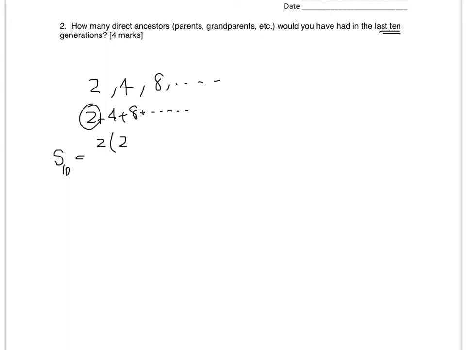So it's 2 times 2 exponent 10 minus 1, divided by 2 minus 1. This one is 1. If you simplify this, you get 2046.